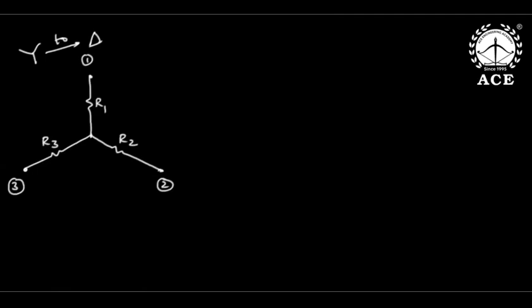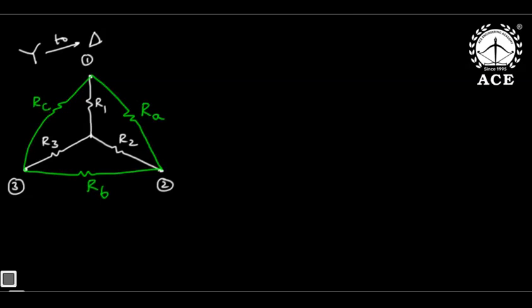I want to convert them into delta. Let us say this is RA, this is RB, this is RC. I want to convert this star to delta.